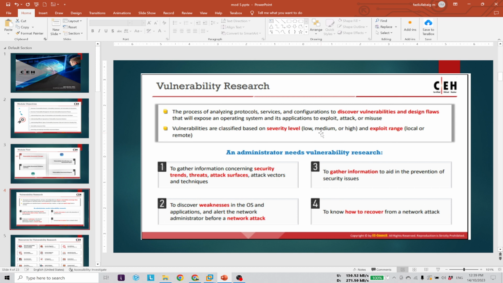Okay, so local means we can only exploit or compromise within the network. And what does remote mean? Outside the network. For example, if an attacker wants to compromise my laptop B, then he has to enter my local area network.